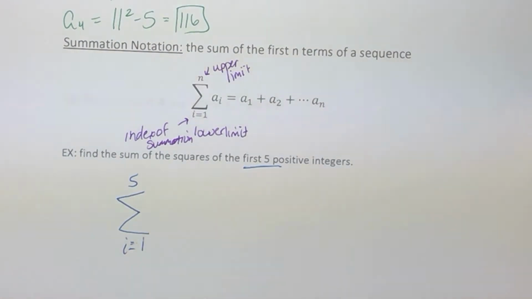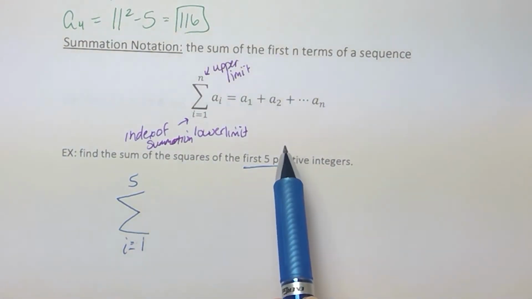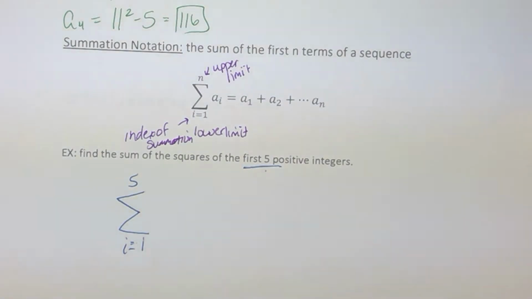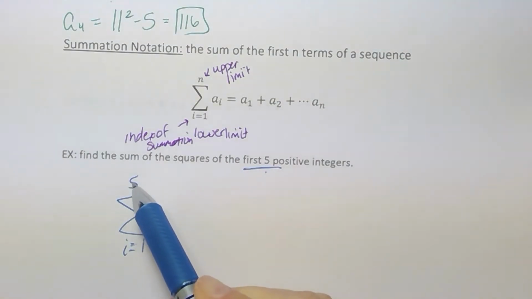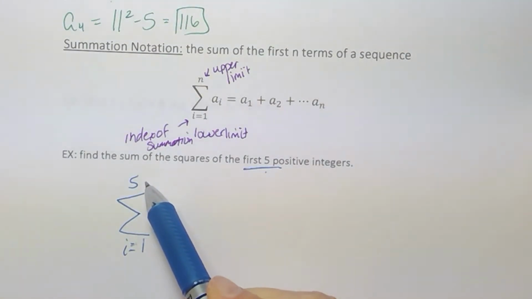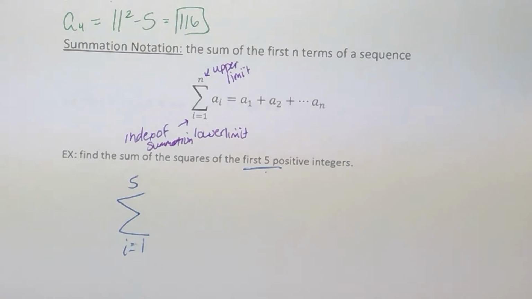There's my index of summation that indicates I'm finding the first 5 terms. Remember, if I didn't want to start with the first term, I could say the 4th through the 9th terms, or the 2nd through the 27th terms. It doesn't really matter, but my lower value would go here, my starting place would go here, and my upper limit would be here, the last term I'm interested in.